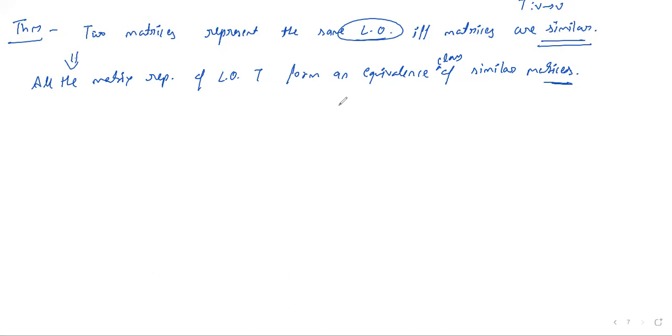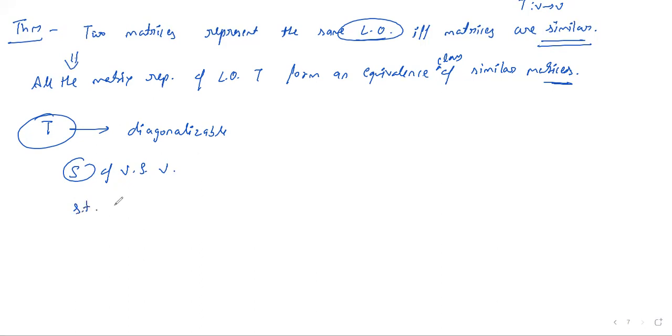Now, this linear operator T is said to be diagonalizable if I have a basis S of the vector space V such that T can be represented by a diagonal matrix.